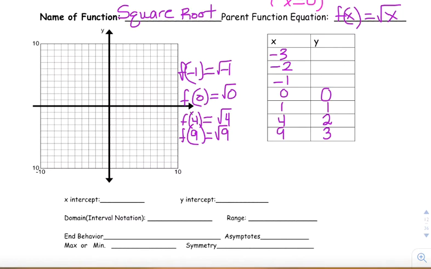If you get two negatives and multiply them together, you will also get a positive output. So for that reason, we're not able to take the square root of a negative value. So in other words, this is our table. When it comes to the square root, we have to adjust just a little bit in what we use as our inputs. We use 0, 1, 4, and 9 instead.